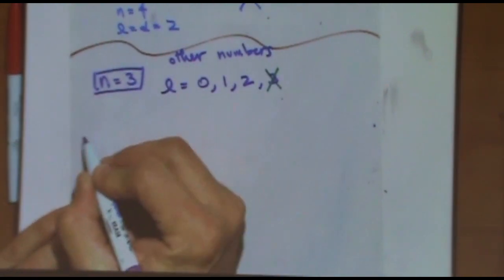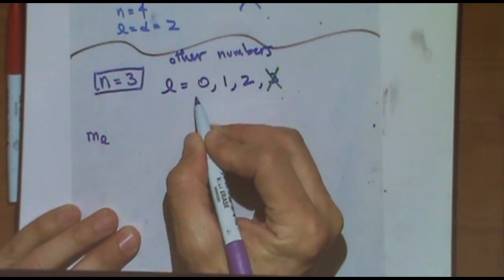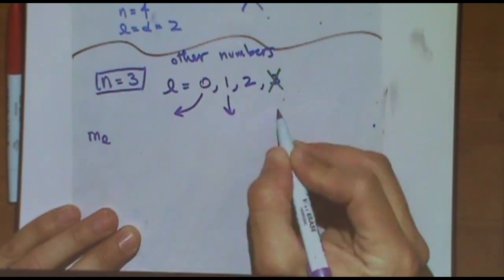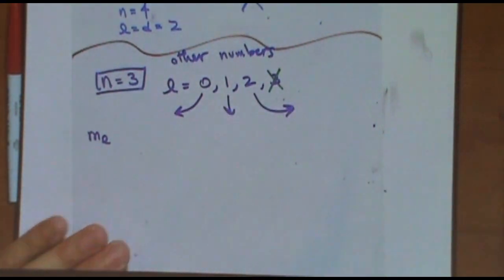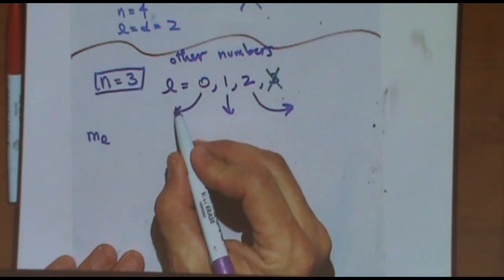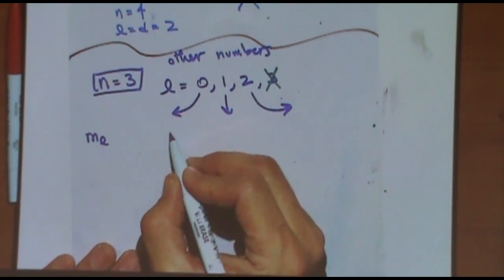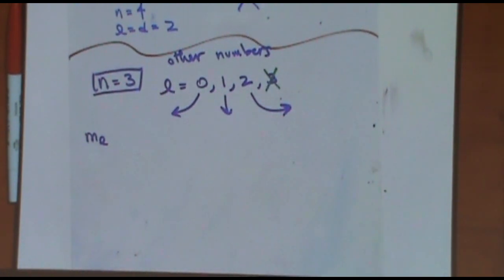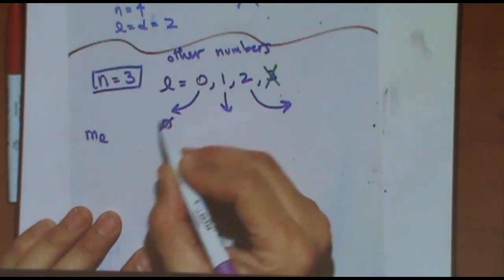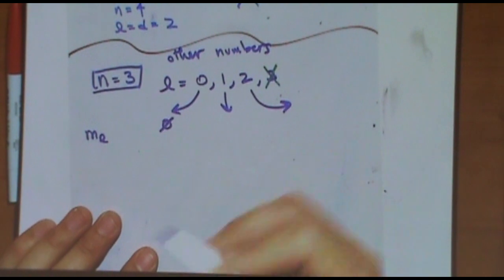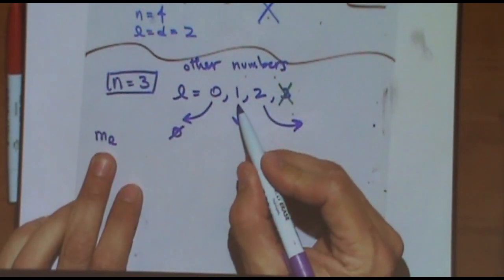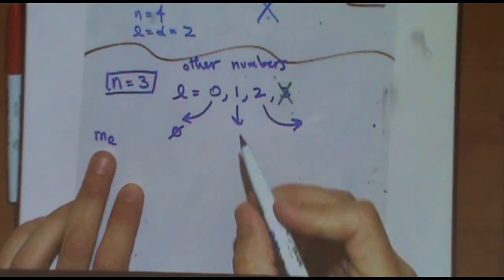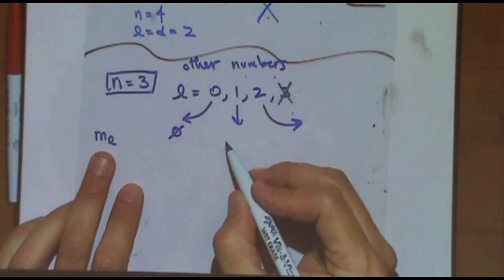Now let's go to m sub L. I'll write that down here. We're going to have values each dependent on which L value we're talking about. So let's start with L equals 0. If L is 0, then m sub L goes from -0 to +0, which is just 0. If L is 1, how many m sub L values will we get? 3.